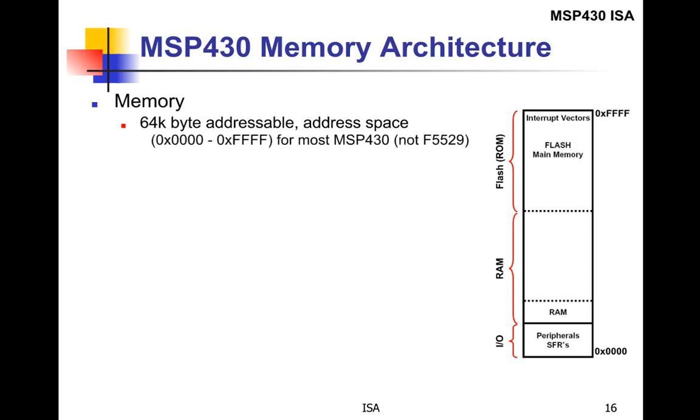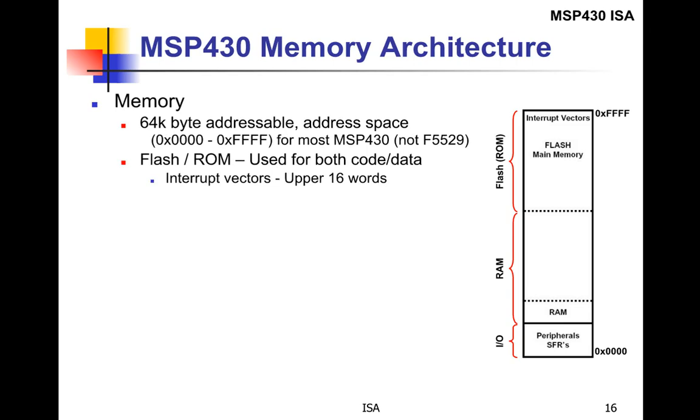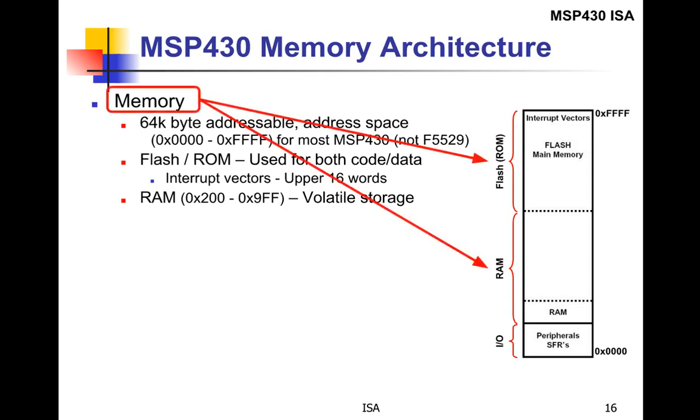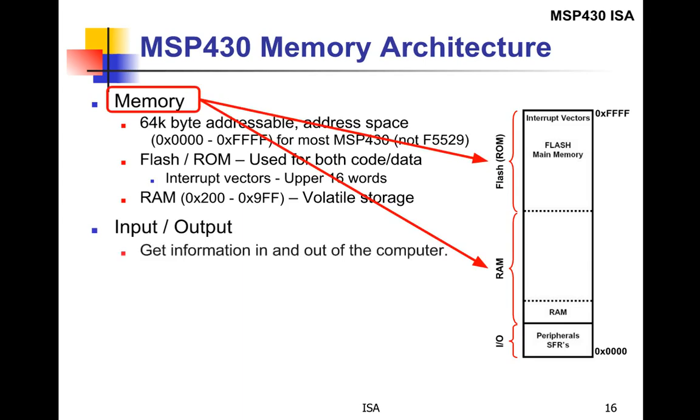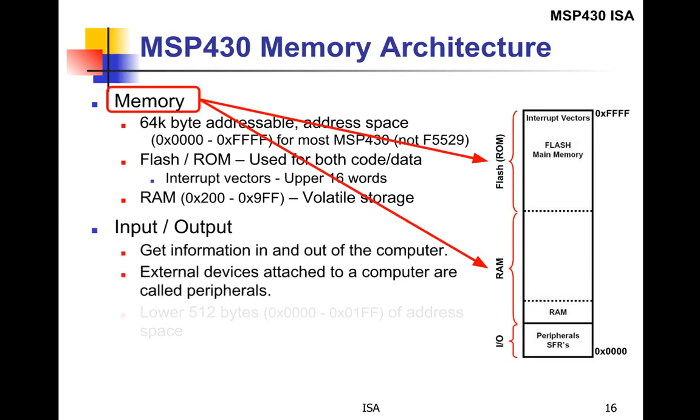So we've kind of gone over this here. 64K and flash and ROM is used for both code and data, but it's stuff that you won't erase, not volatile. And then the RAM is volatile, and then the I/O is down at the bottom. You get information in and out of the computer with it, and that's, I guess, the lower 512 bytes.